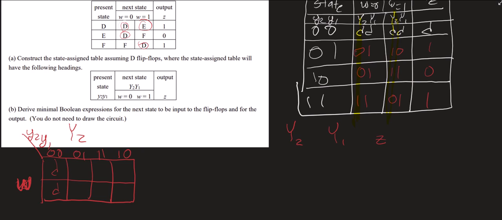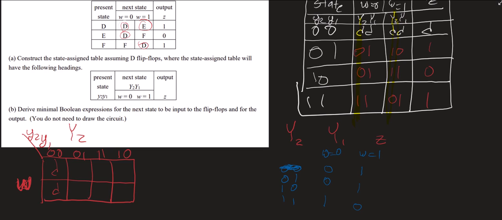So it's really that I have 0, 0, 0, 1, 1, 0, 1, 1. And I'm just looking at the first column of numbers, because that's Y2, and not the 0, 0, that was don't care.